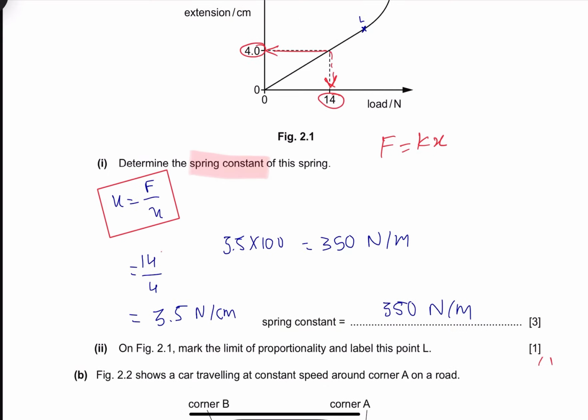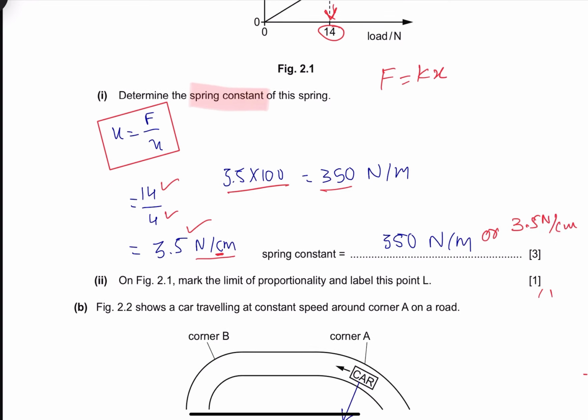So putting in the values, 14 over 4, that will give you 3.5 Newton per centimeter. If you want to convert it into Newton per meter, you have to multiply this by 100, because the centimeter is the denominator, so it is multiplied when it goes to the numerator. So the answer will be 350 Newton per meter, or you can write 3.5 Newton per centimeter.